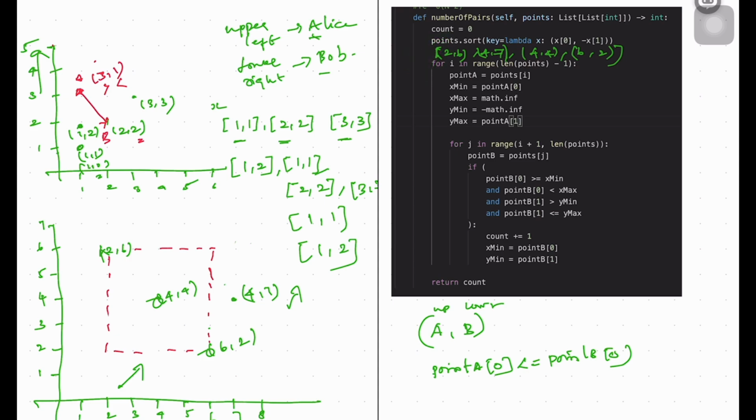Now we will be taking this as point A, which is 2 comma 6.